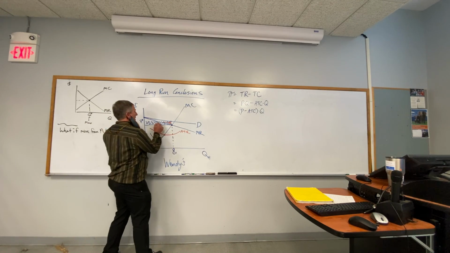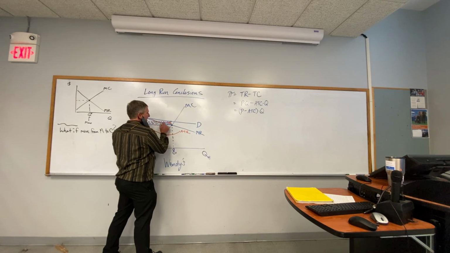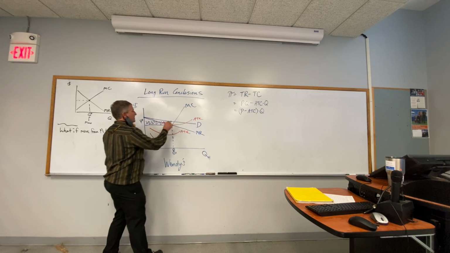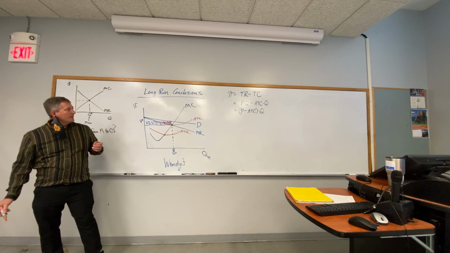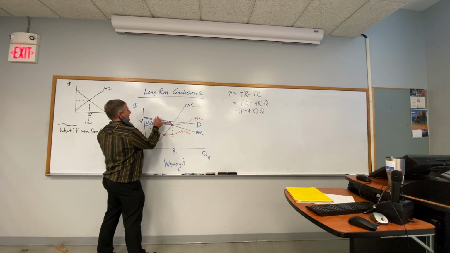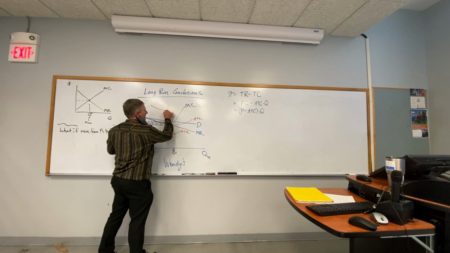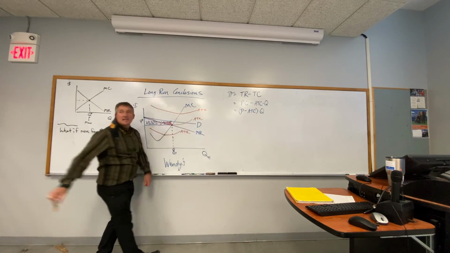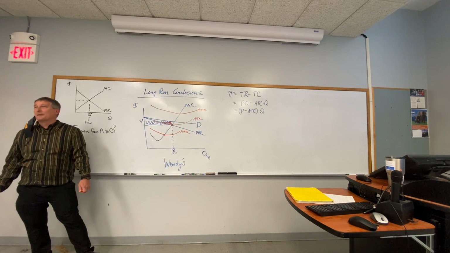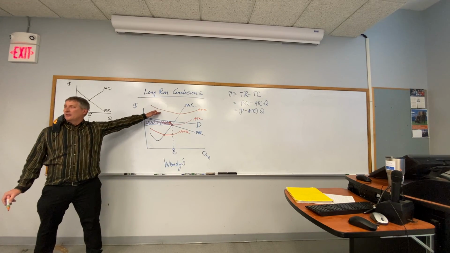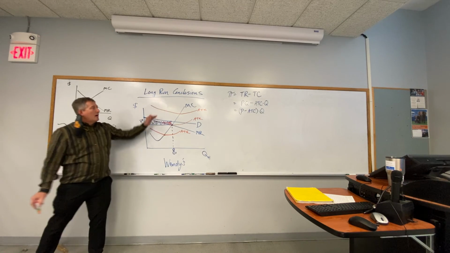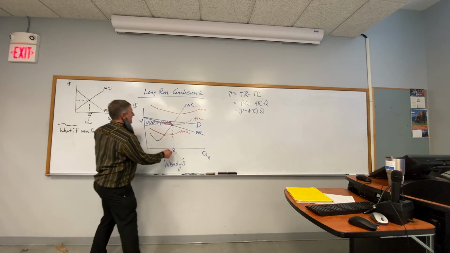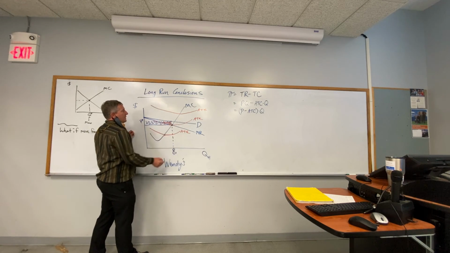But what if the average total cost was here? Is that possible? Yes. What if it was here? Is that possible? Yeah. What's happening at this one? You're losing a lot of money. So you need that to calculate it at whatever quantity.